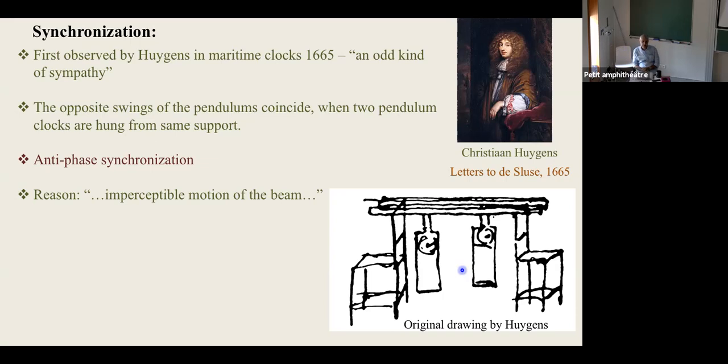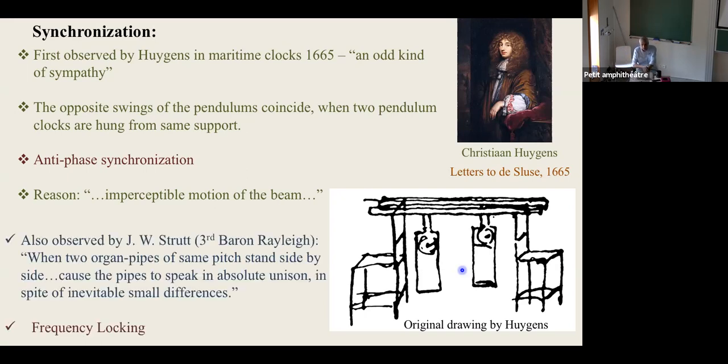This is known as anti-phase synchronization. First he thought this was due to air currents, but after a while he realized that it actually has to do with the support on which they hang. It's the imperceptible motion of that support.